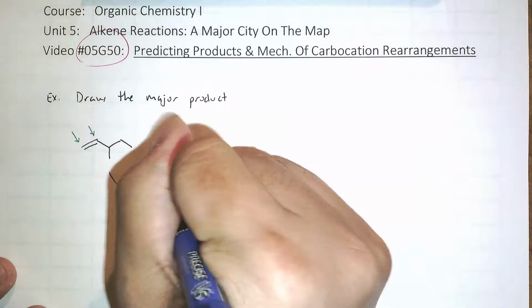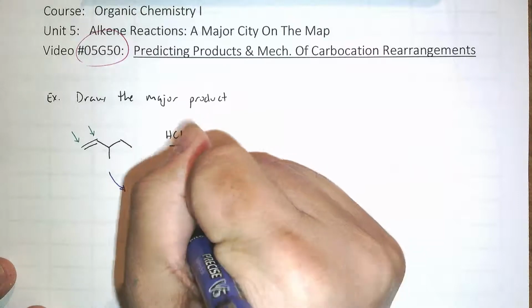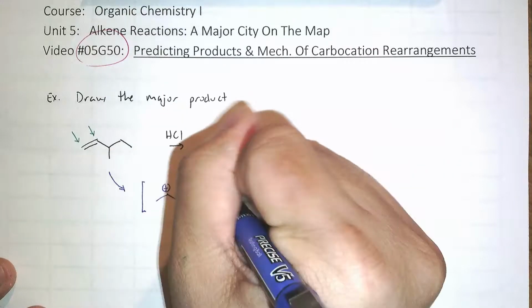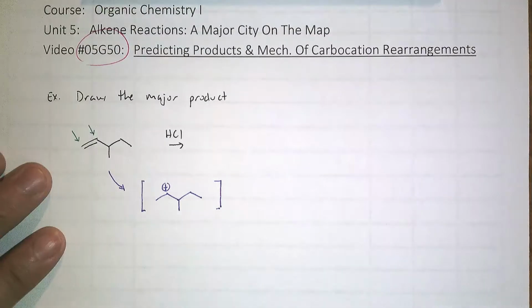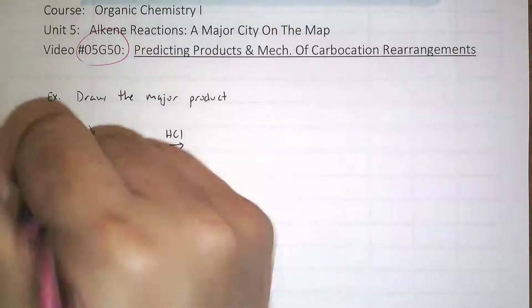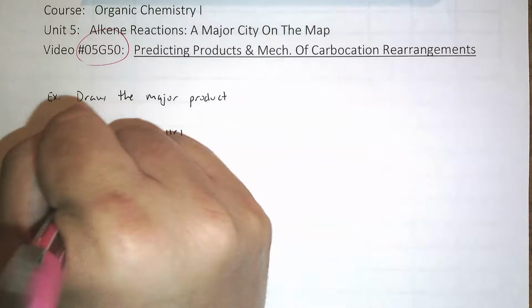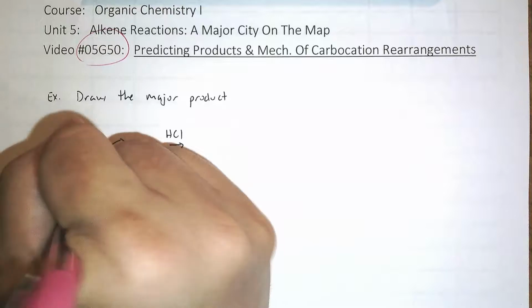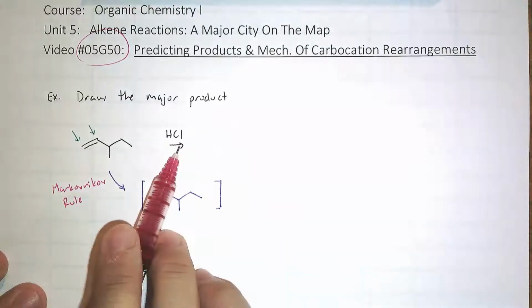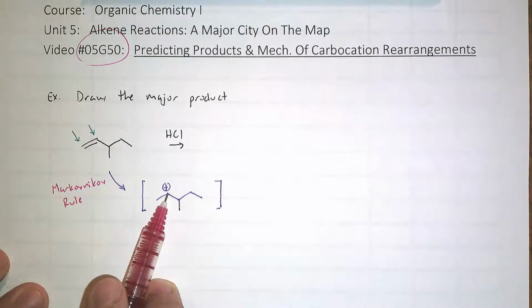The carbocation intermediate would be this, and the plus charge would be here. Intermediate, so I'll put it in brackets. Again, this is following Markovnikov's rule. And if there was no carbocation rearrangement, then the chlorine would go right there.